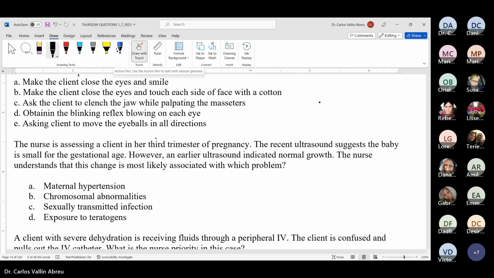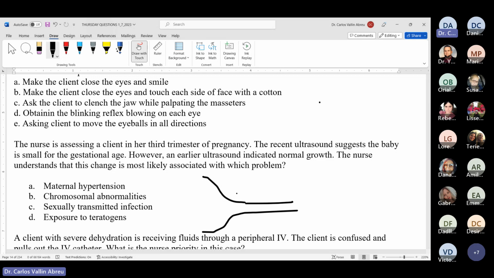A. What gives the food and the oxygen to the baby to grow? The placenta. The placenta is aging as the pregnancy advances. And of course, each time it is providing less nutrients and oxygen.